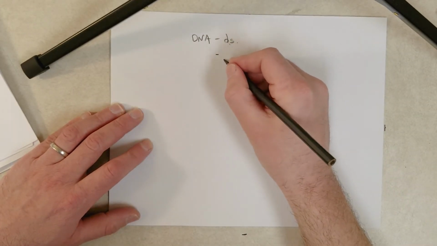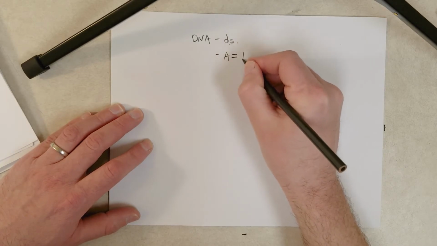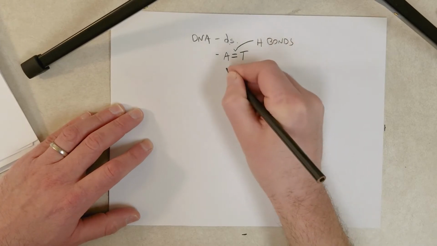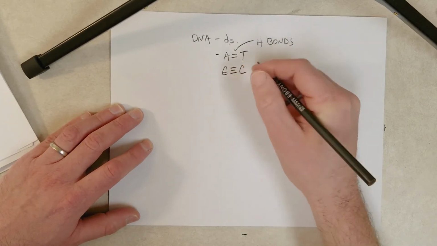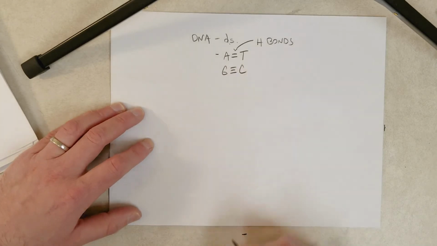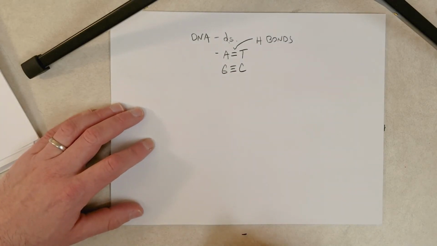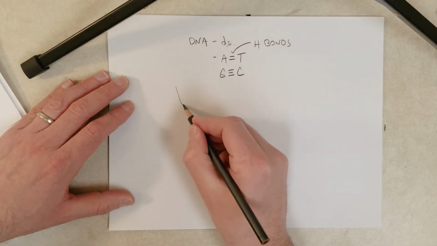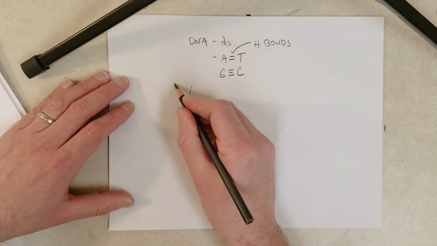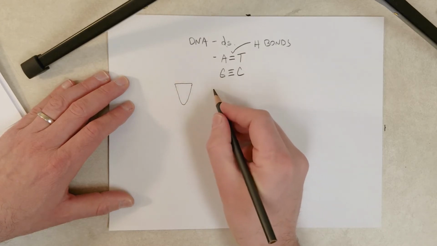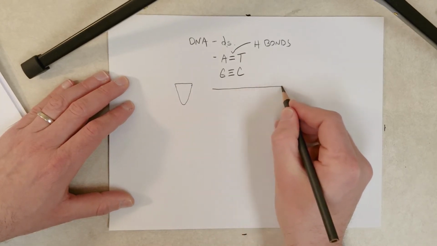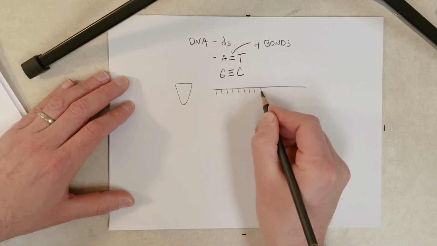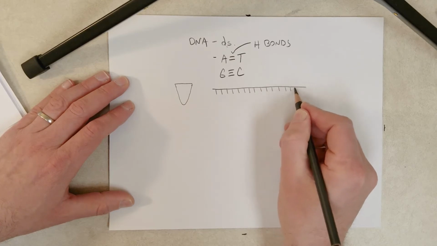In DNA, A forms 2 hydrogen bonds with T, and G forms 3 hydrogen bonds with C. Now, because DNA is double-stranded, the double-stranded nature allows us to do some interesting things with DNA and heat.